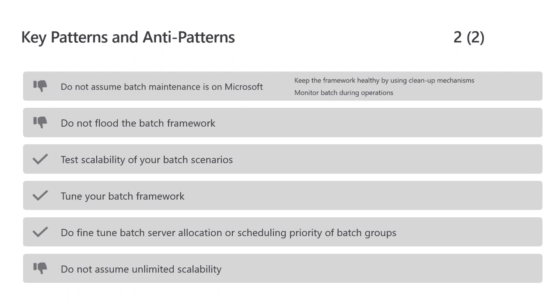You fine-tune batch server allocation, or in the new shiny world that we will cover in just a couple of seconds, you want to fine-tune the scheduling priority of batch groups. Remember that batch jobs will spin off batch tasks, which are then executed within the context of a certain batch group.